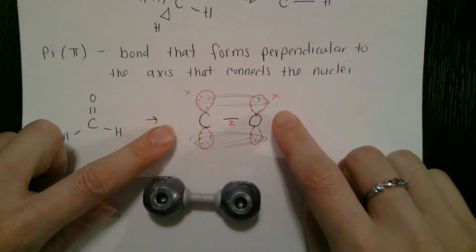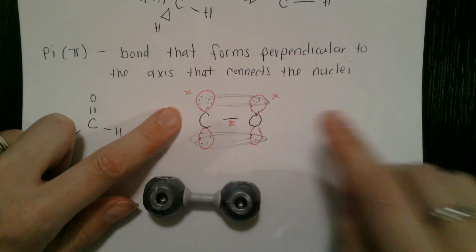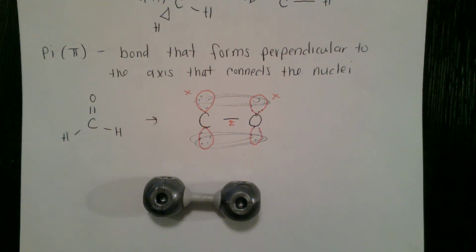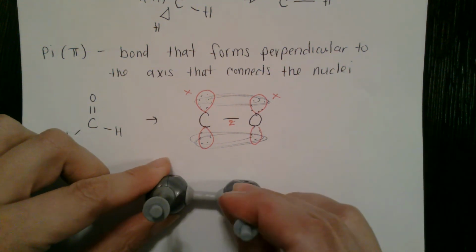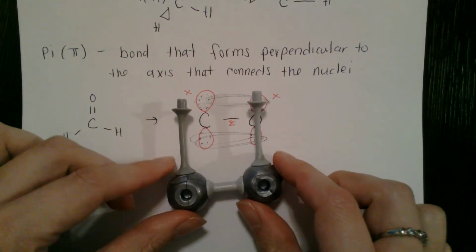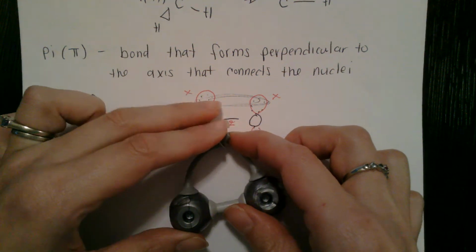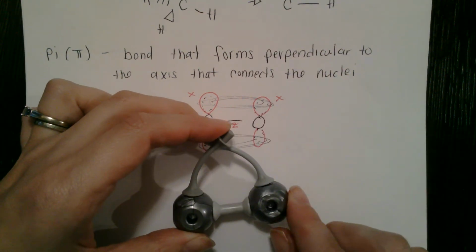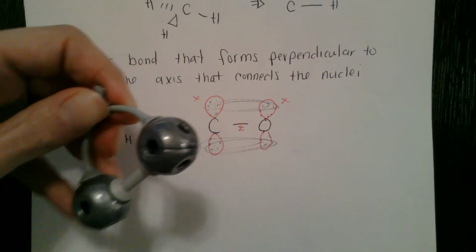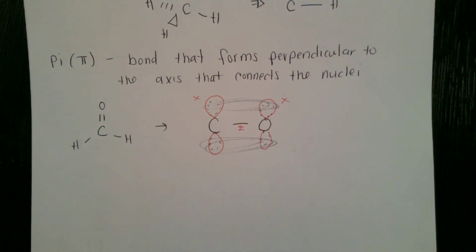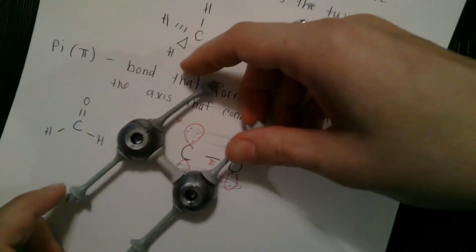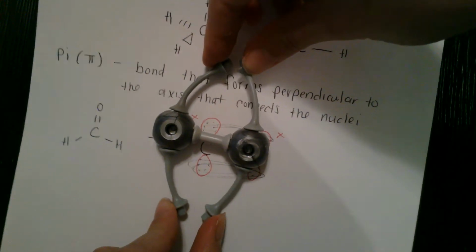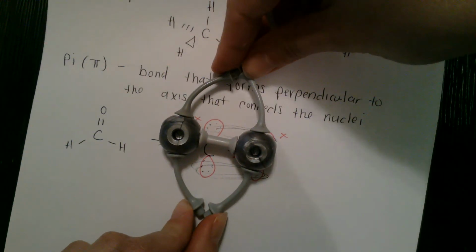So now let's say we're going to overlap these p orbitals up here. I don't really have anything spectacular to show this, but say these are those p orbitals, so they're going to overlap like this. Remember there's also a lobe sticking down here. To form that bond completely, we're going to overlap above and below that axis.